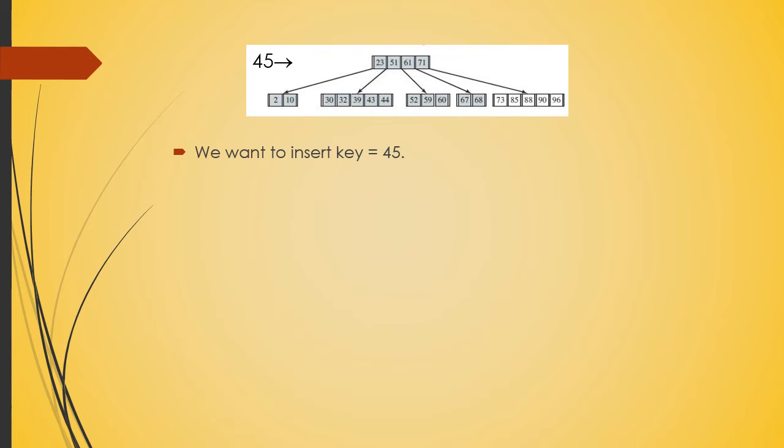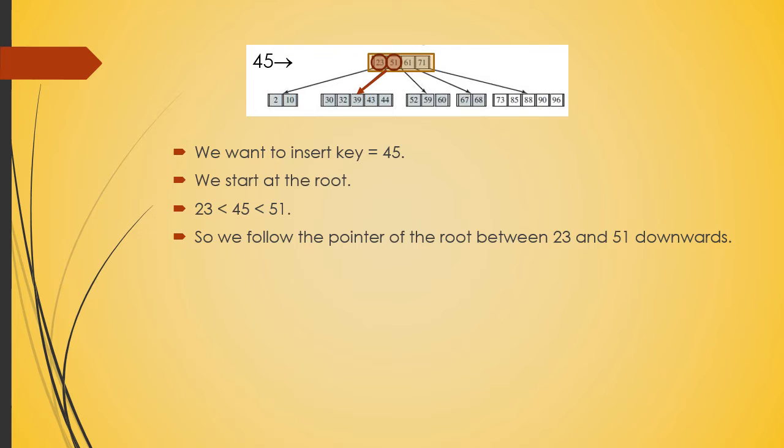We want to insert 45 as a key in this tree. We start at the root. 23 is less than 45, which is less than 51. So we follow the pointer of the root between 23 and 51 downwards. The node does not have space.